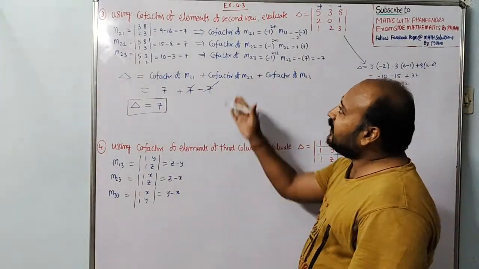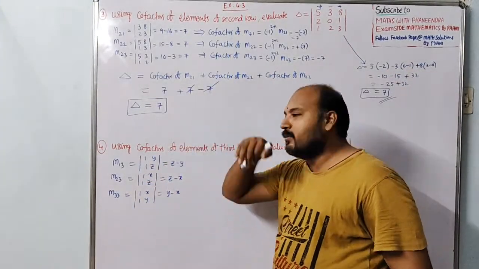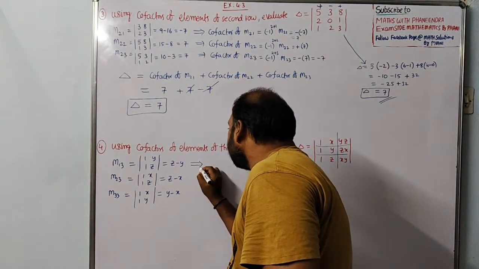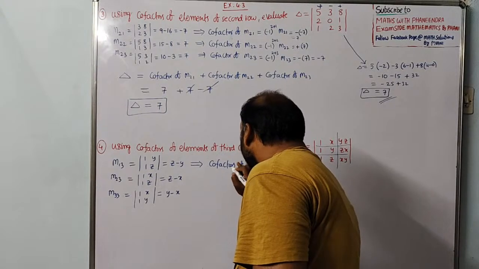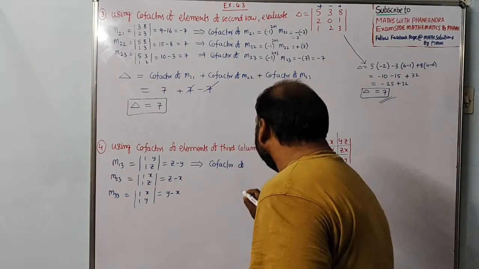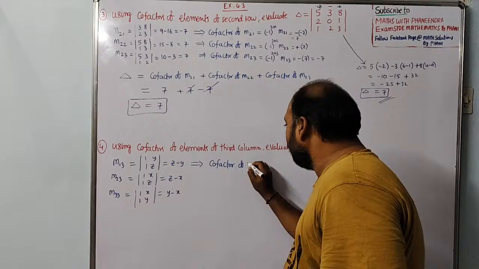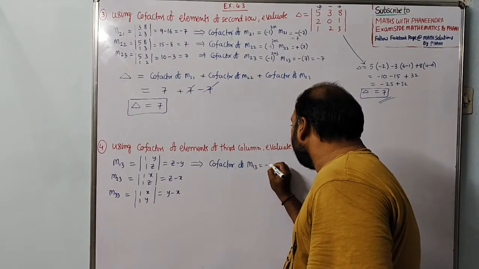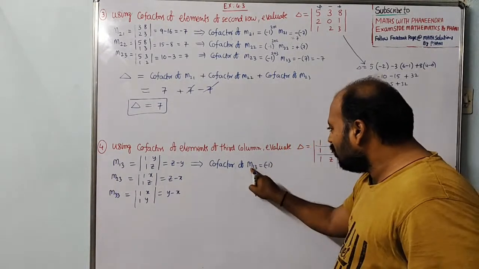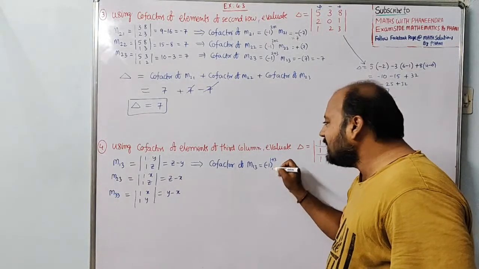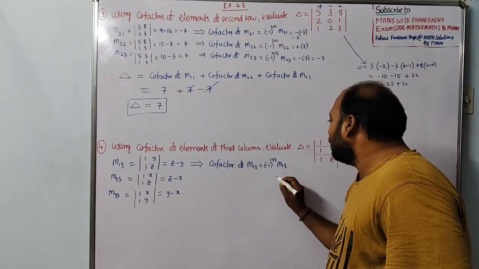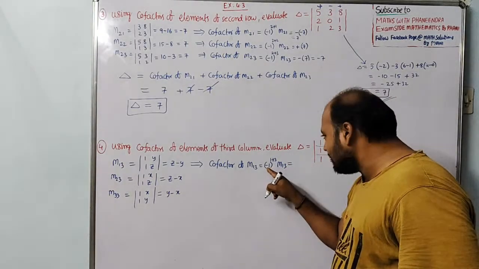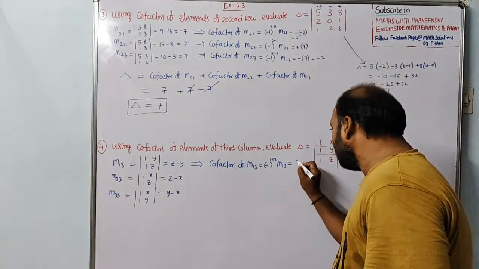After that, what we need to calculate? Cofactors of respective minors. That implies cofactor of M13 is equal to minus 1 whole power 1 plus 3. 1 plus 3 is 4, an even number, so minus 1 to an even power is plus. M13 value is z minus y.